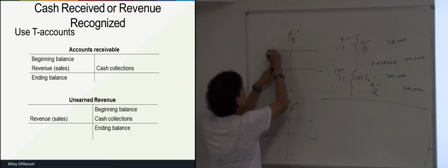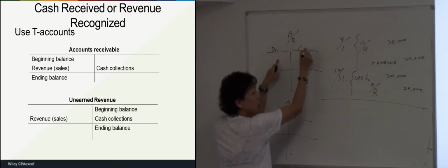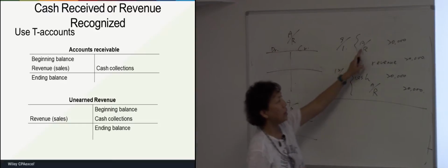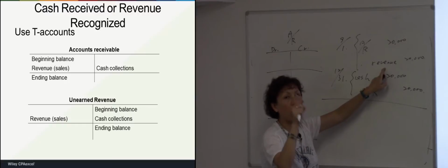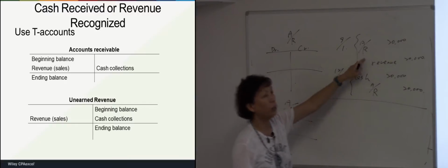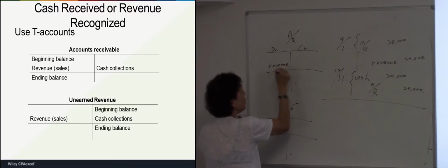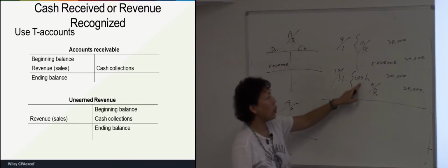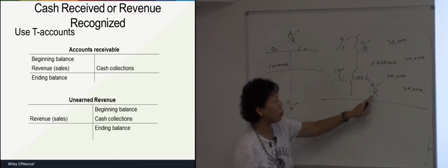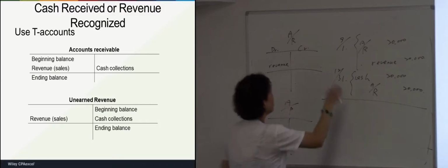So the left side means debit, the right side means credit. When the company records revenue, the AR will be in the debit side. And when we receive cash, the AR should be recorded in the credit side. So that is cash collection.